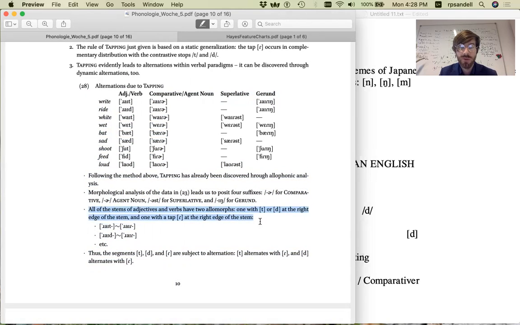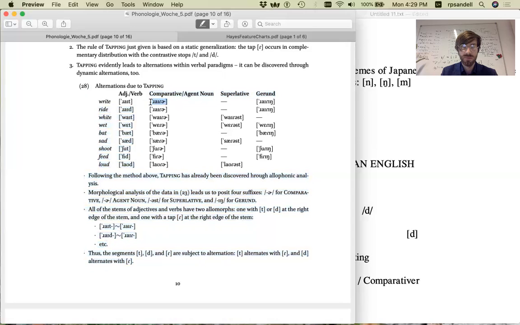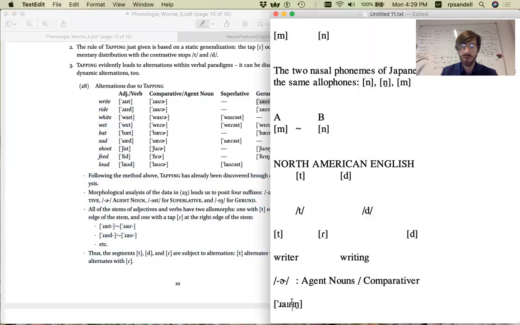And what we find for all of the adjectives and verbs listed here is that they have 2 allomorphs. So there's one with the stop, ta or da, at the right edge of the stem, and another one with a tap, ra, at the right edge of the stem immediately preceding the suffix. So when we segment the word writing, we have a morpheme boundary here, at the right edge of the stem there.